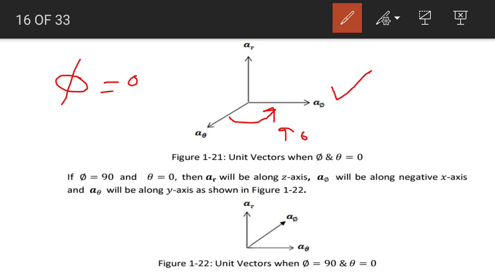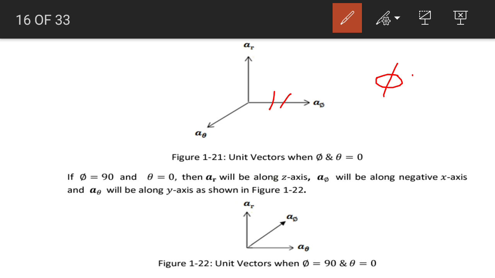If theta is 0, we know that the unit vector a_r makes an angle theta with respect to the z-axis. As theta is 0, a_r will be along the z-axis. So a_phi is along the y-axis because phi is 0. We know that a_phi makes an angle of 90 plus phi with respect to the x-axis.